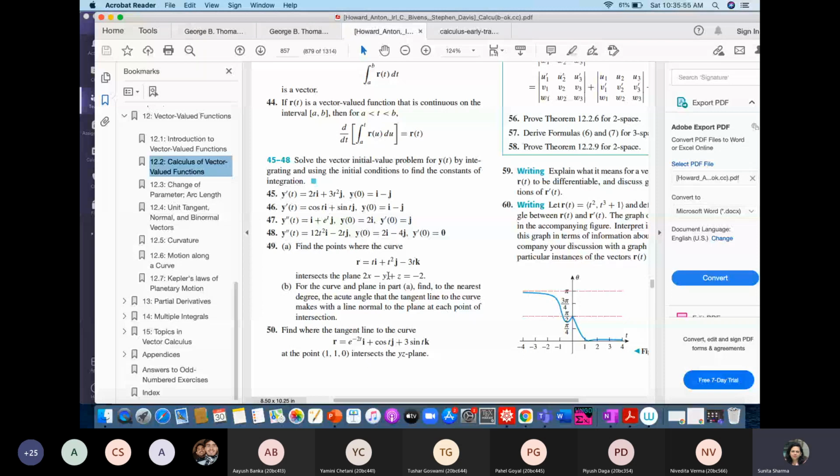On this particular curve, what is the x component, if you write it in the parametric form? x is t, y is t square, z is minus 3t. If I put those components in this particular plane, I'm going to get an expression in terms of t. If I solve that, I'll get the value of t for which the point lies on the curve as well as on the plane.